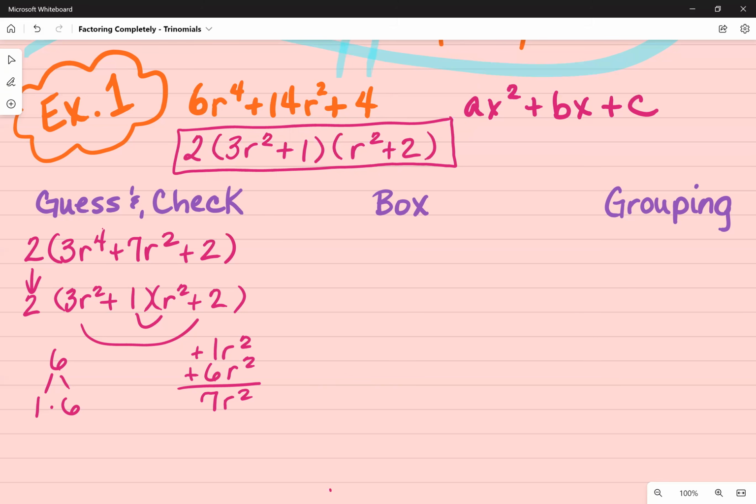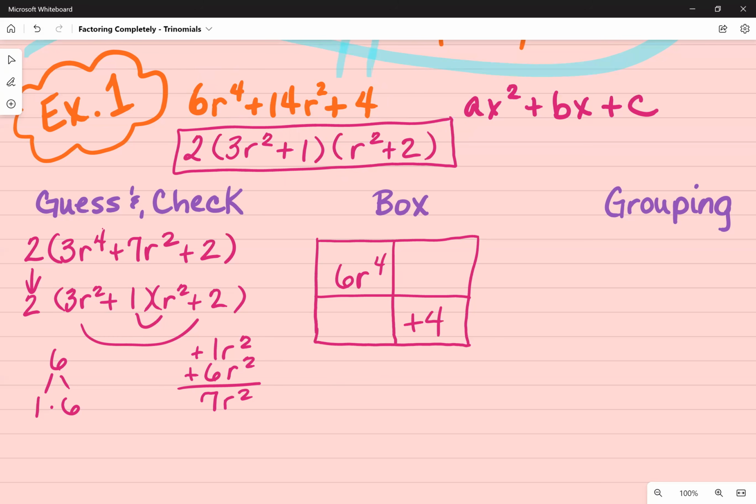All right, so my box, what I'm going to do is I'm going to go back to my original problem. And for my original problem, my A was 6r to the 4th. My last term was positive 4. So for the first box, I used the first term. For the last box, I've used the last term.